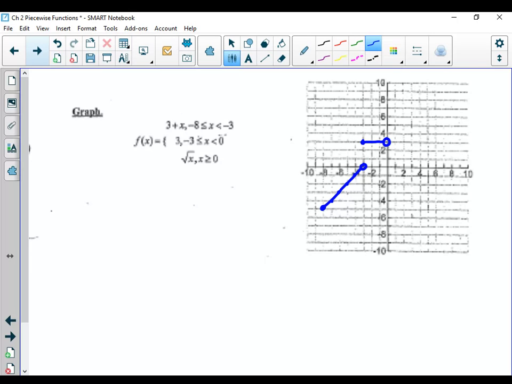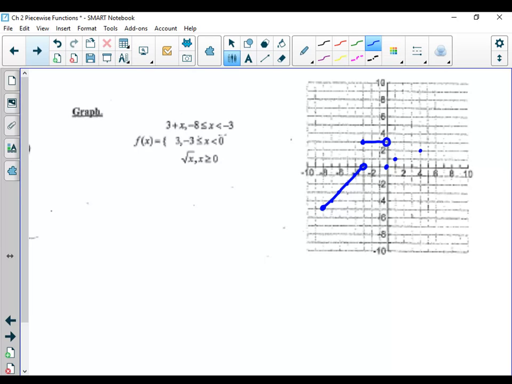So if I plug 0 in, the square root of 0 is 0. So I've got that value. If I plug in 1, the square root of 1 is 1. The square root of 2 I know is not nice and neat, so I'm actually going to go to the next perfect square. The next perfect square would be 4, so the square root of 4 would be 2.